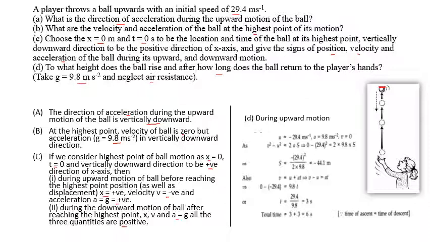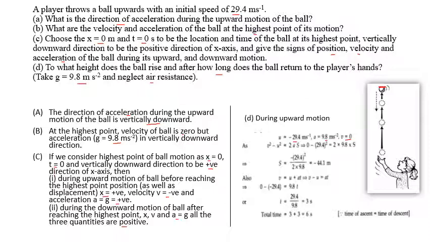So during upward motion, what is u? The player is throwing the ball in the upward direction, which is against gravity. So take u with a minus sign. So u equal to minus 29.4 meters per second, acceleration is 9.8 meters per second squared and final velocity will be 0.